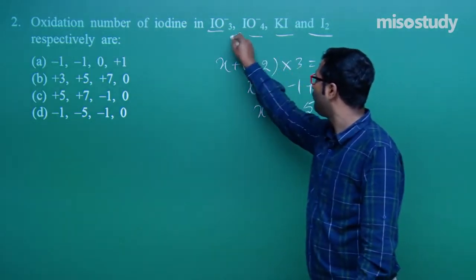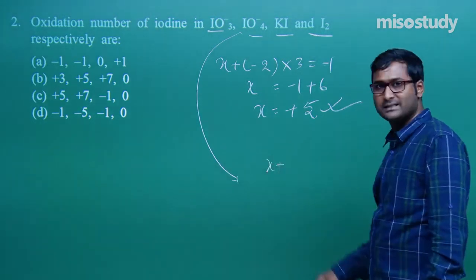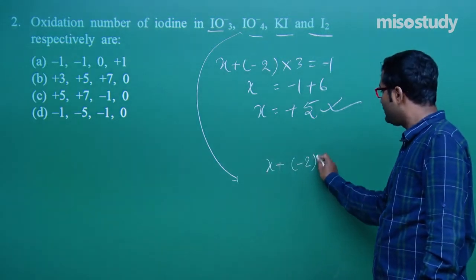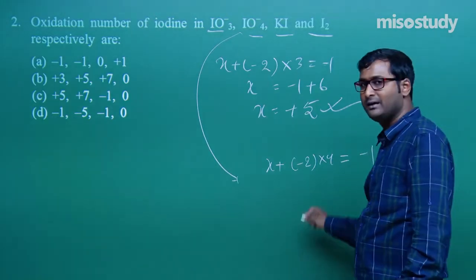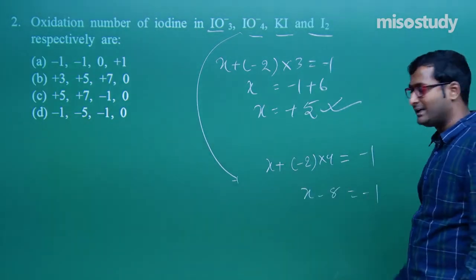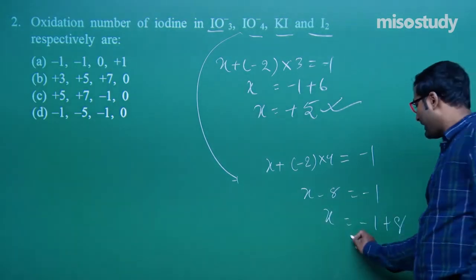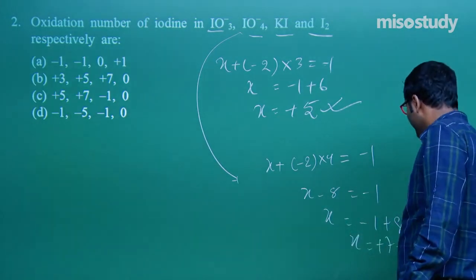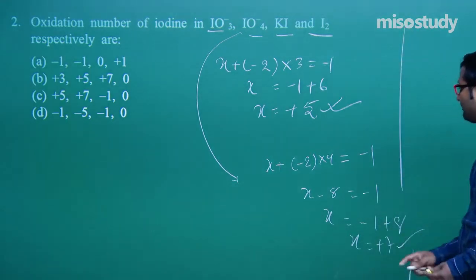For IO4 minus, then what will happen? Check it out. That is x plus, minus 2 into 4, that is minus 1, that is x minus 8 equal to minus 1, that is x is equal to minus 1 plus 8, then x is equal to, you people say, plus 7 oxidation state. Now moving here, plus 7.